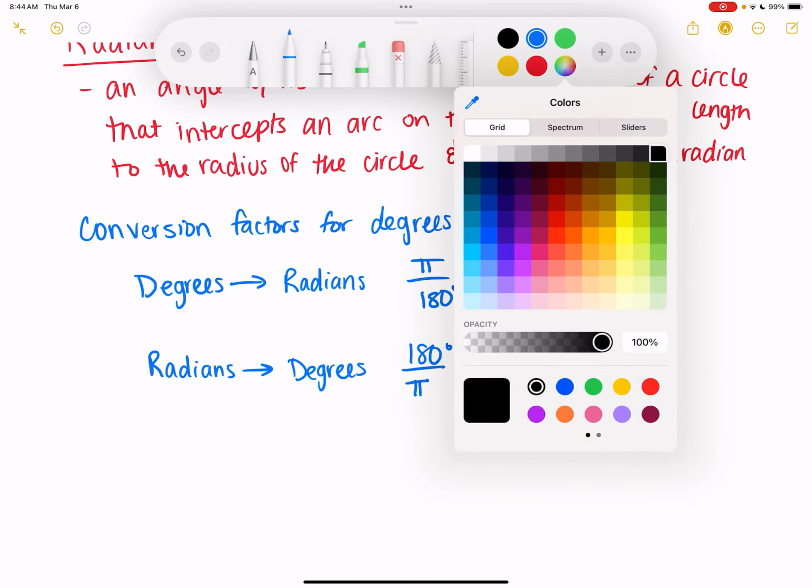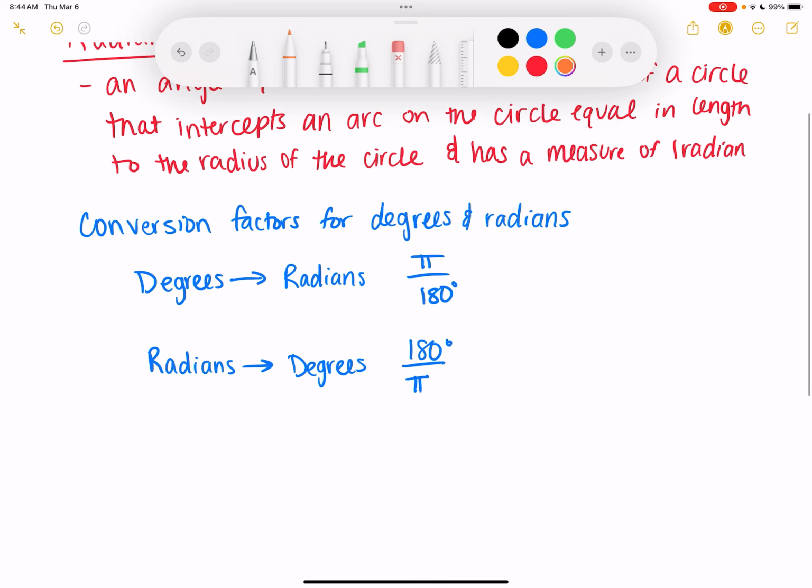All right, the next thing, up here it talks about intercepts and arc of the circle.